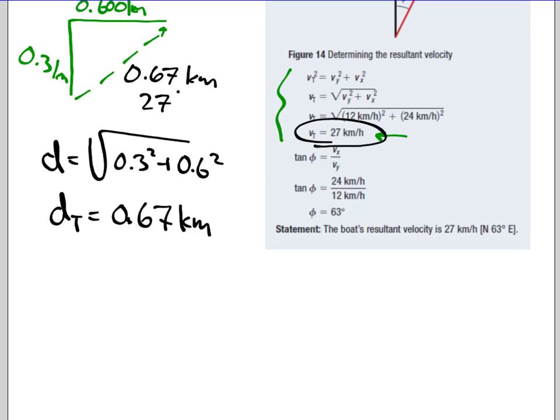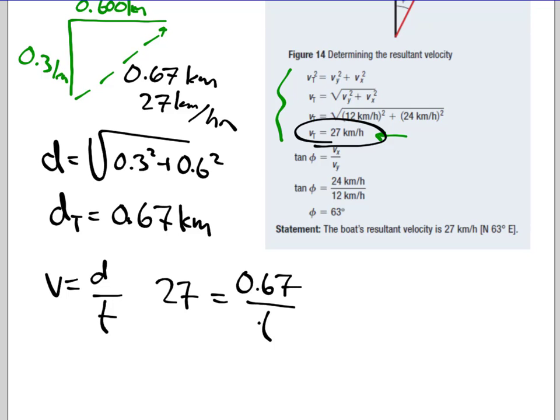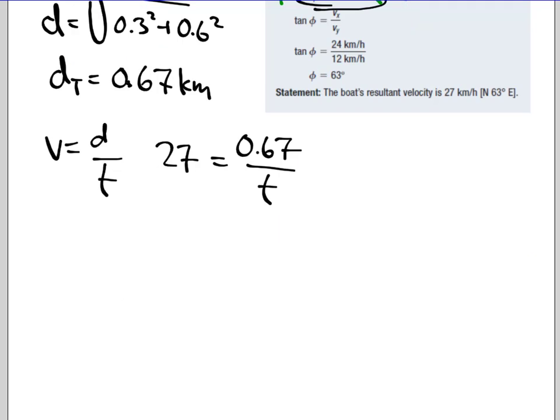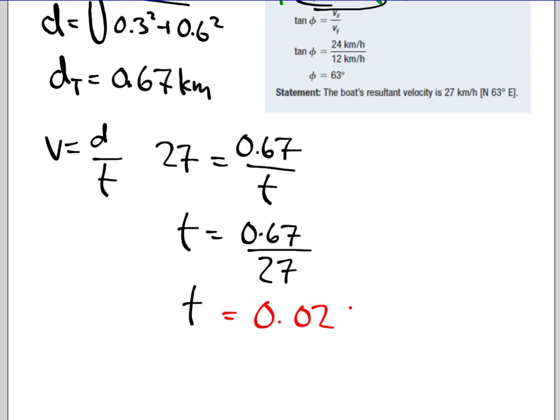We're traveling at 27 kilometers an hour, and if we set up our expression v equals d over t, and we substitute in those values for that resultant and solve for t, you ready? 0.67 divided by 27 equals 0.025 hours.